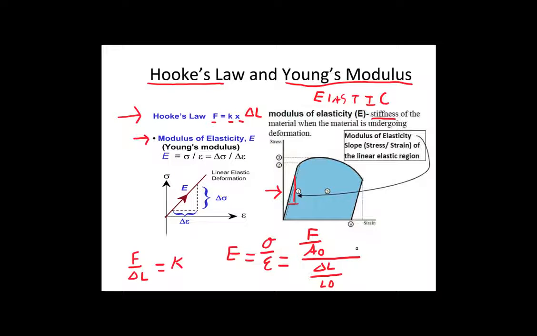Now, if we multiply both sides, we can see that this is just a constant down here. These are both constants, and the spring constant and Young's modulus are only a constant away from each other. So that's why I put them together.